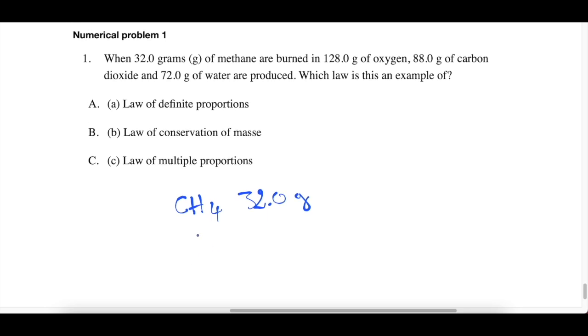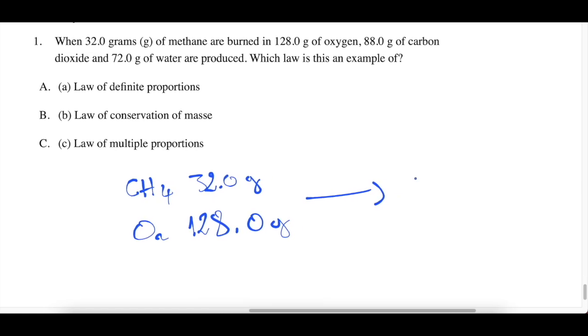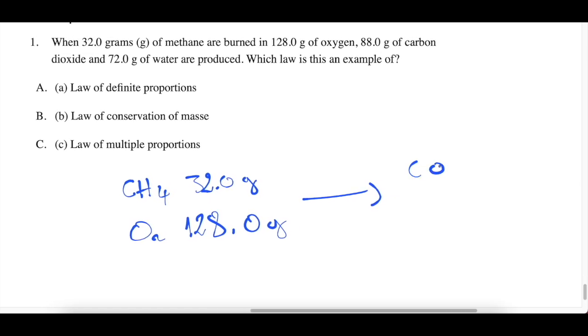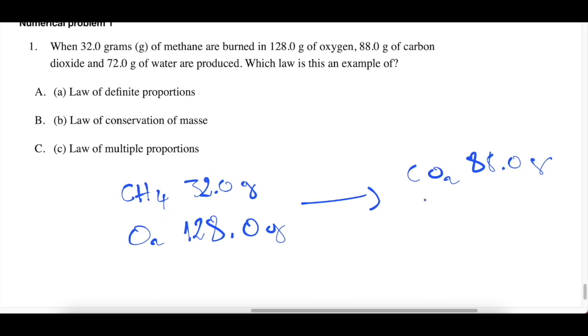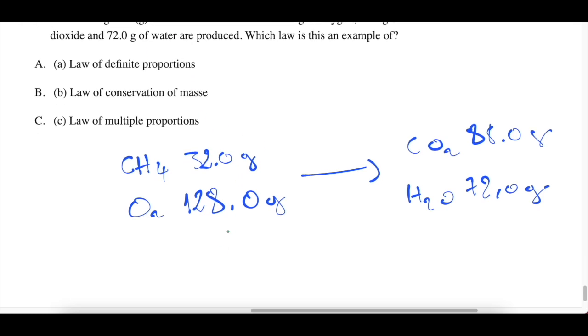It is burnt, it reacts with oxygen, O2, which has a mass of 128.0 grams. So here we'll get carbon dioxide with a mass of 88.0 grams and water with a mass of 72.0 grams.